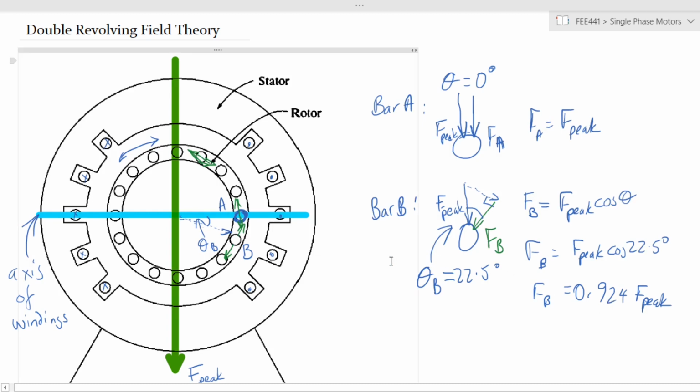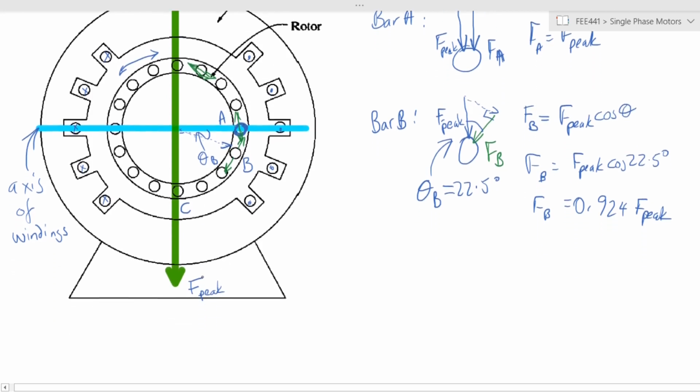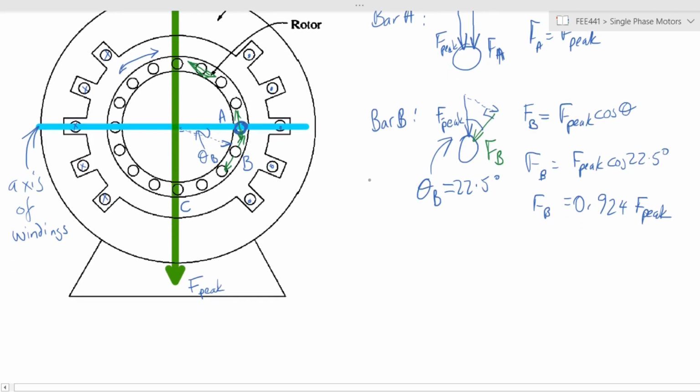If we take bar C, which is in a position such that F peak is in that direction, but it is only free to move at a 90-degree angle to F peak, what does that mean?